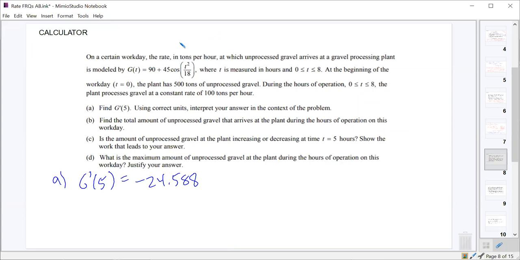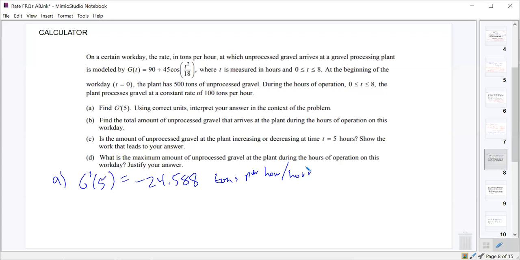If t is measured in hours, then the derivative is tons per hour squared, or tons per hour per hour, whichever you want to write.